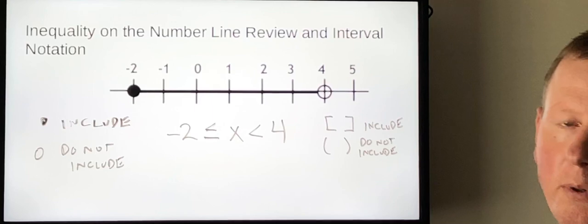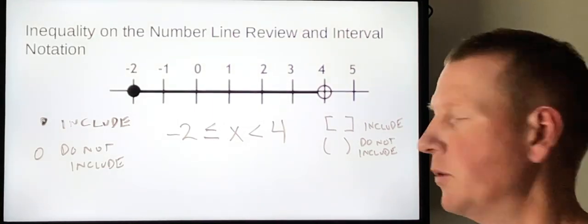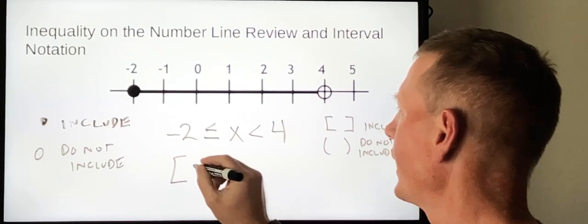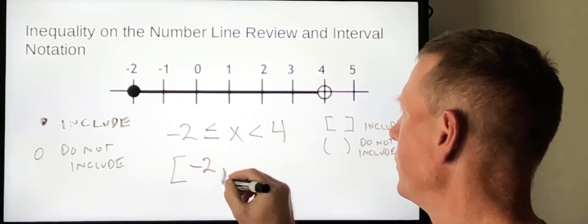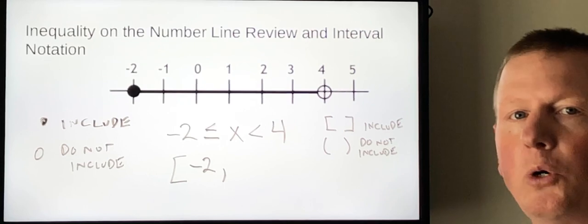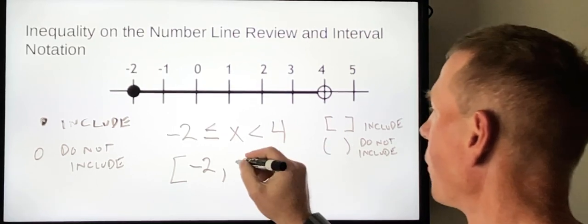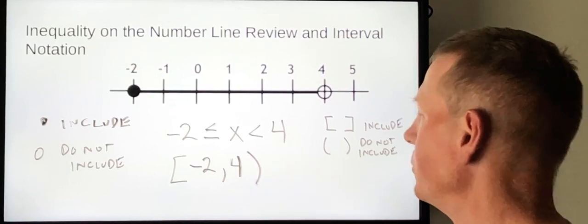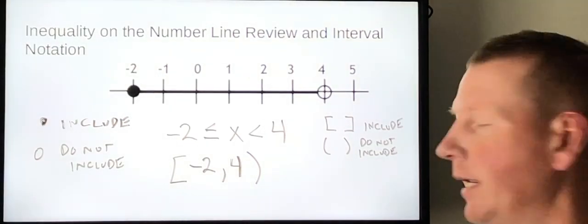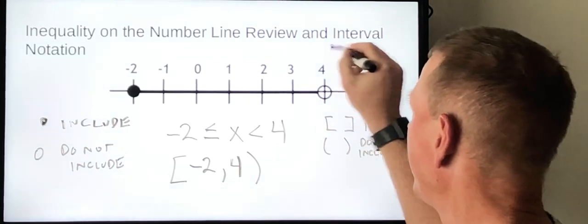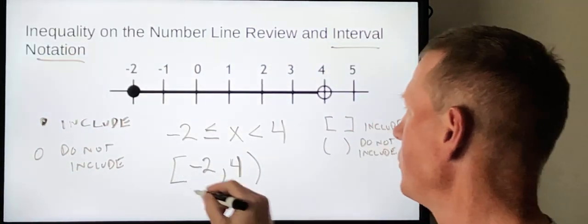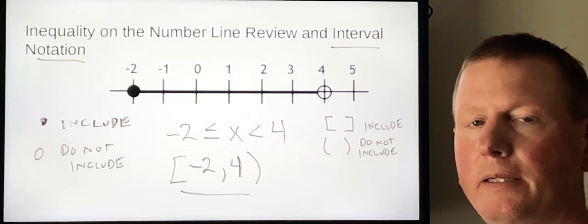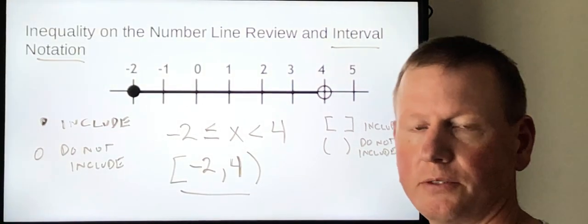So in this particular problem, if we were to write this in interval notation, we are including -2, so we would say this is a bracket, -2, comma, and then we're going all the way across to 4. Well, we're not including 4, so that's why we then use a parenthesis. Again, this is called interval notation, and this is the way that we're going to describe intervals within our functions.